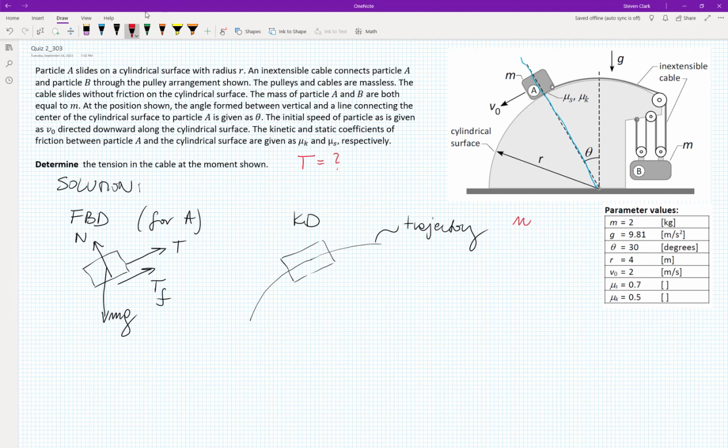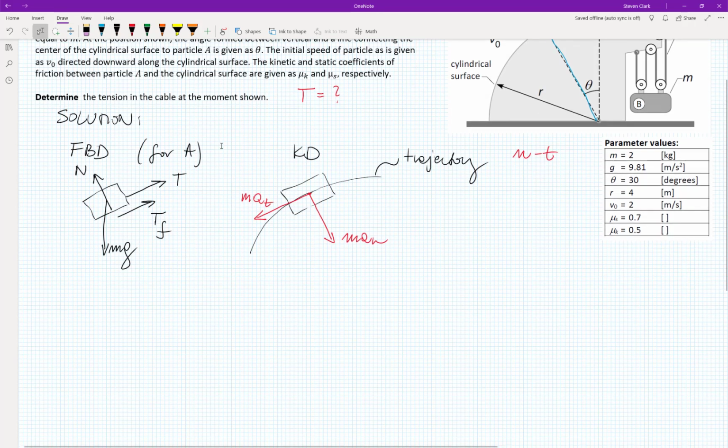So definitely m a_n points this way, and m a_t points this way. I assumed this direction of acceleration as positive. And that's it. Now sum of forces: EOM, equation of motion, sum of forces in the t direction, and sum of forces in the n direction.